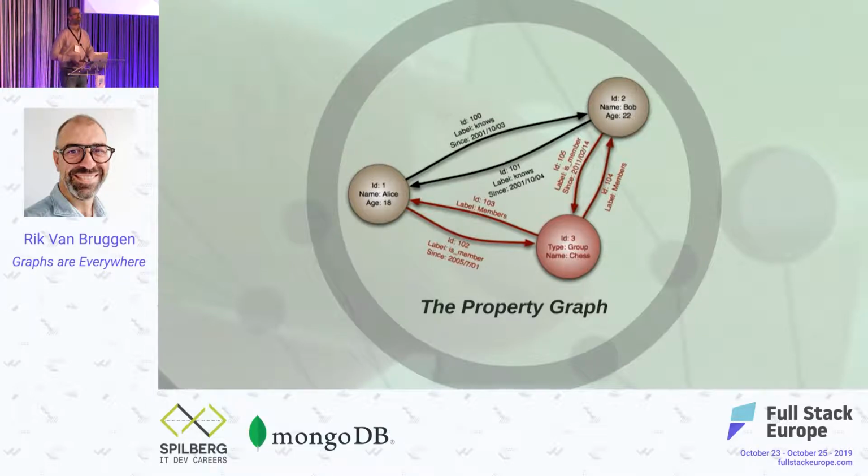There's only 4 things that you need to know about. And they're all part of this structure called the labeled property graph.